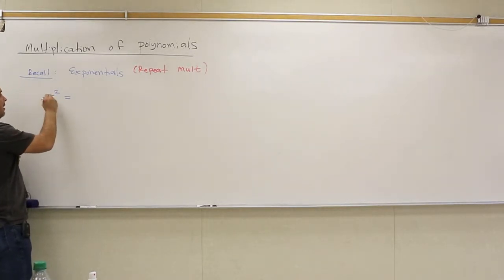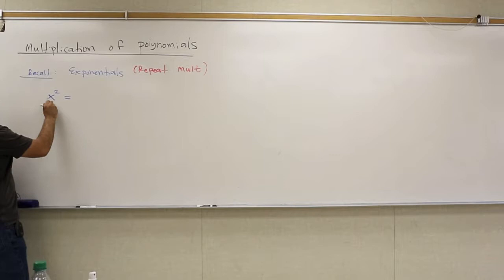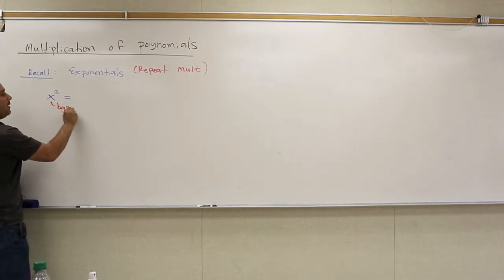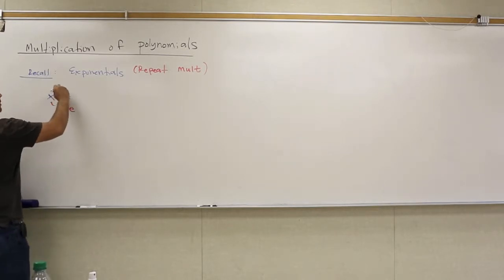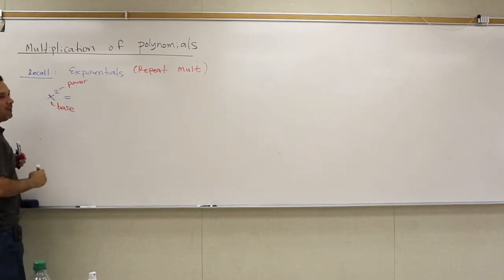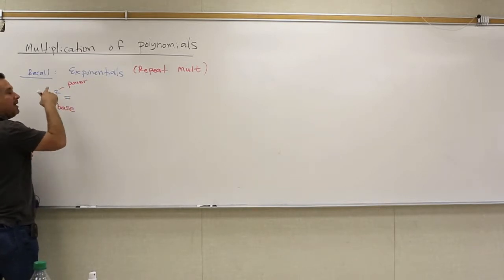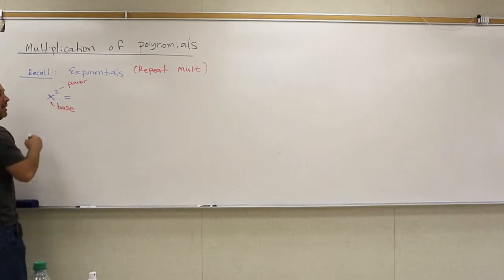Now, this letter x here, this is what we call the base. The base is what we are repeating. This number here, known as the power, informally, or the exponent, is how many times you repeat the base.